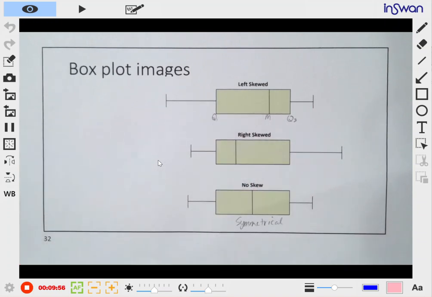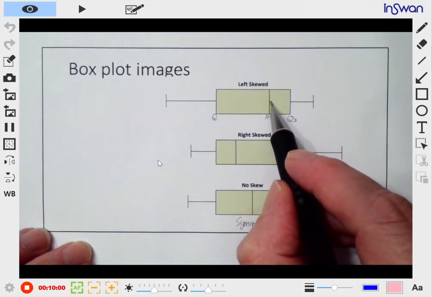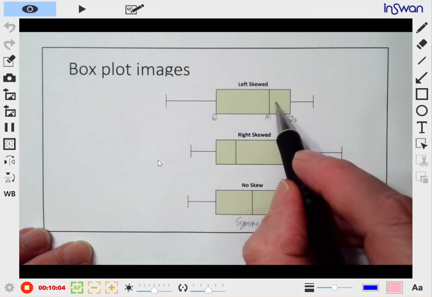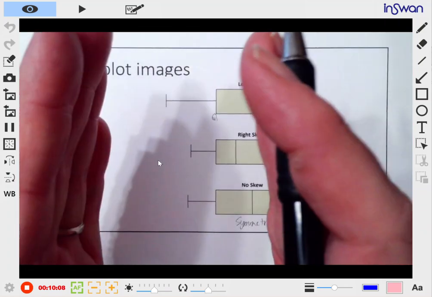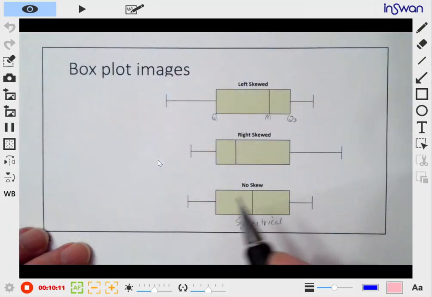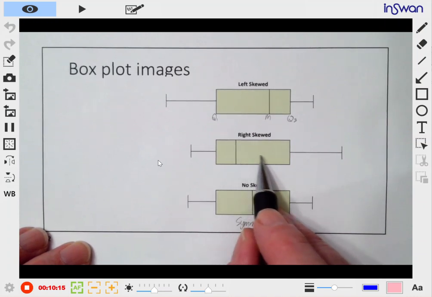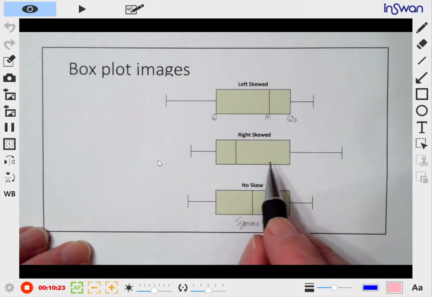It's a lot more spread out, whereas on the other side, to the right of the median, it's a lot more concentrated. And similarly with right skewed, notice this difference will be bigger. So Q3 minus M would be the bigger number, and so that's how you know that you're right skewed.